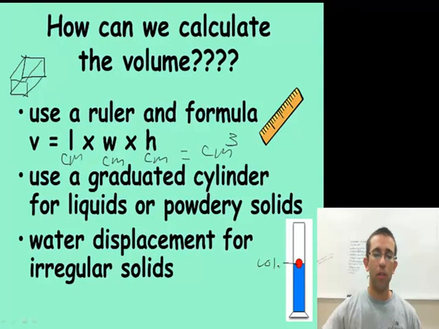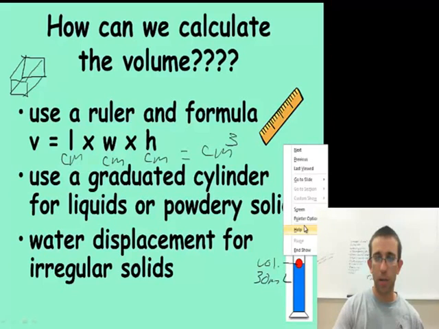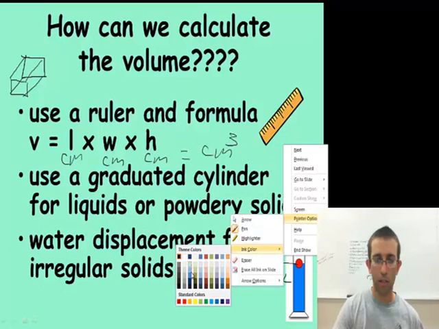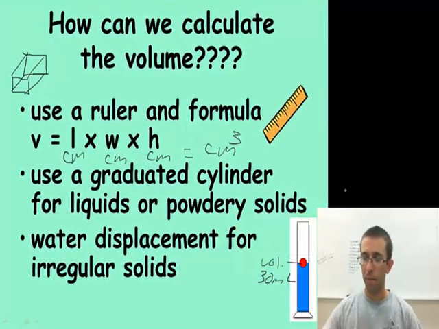Let's say maybe that's 30 milliliters. And then what you're going to do, and let me change pen colors here so I can make some water, is add some more water.